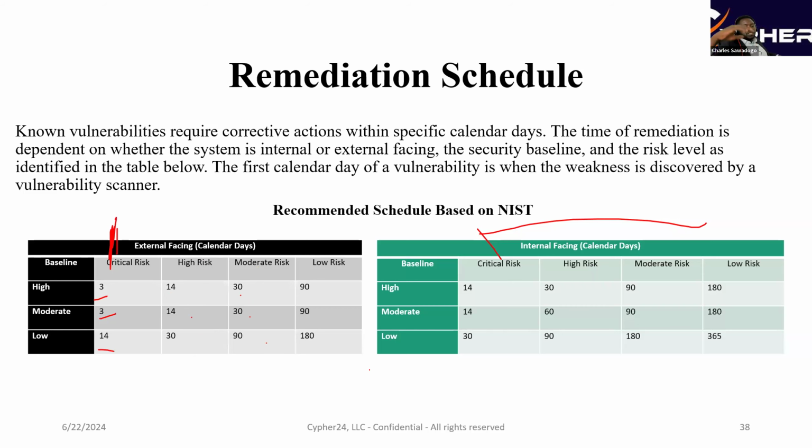So anyway, the higher the vulnerability is, the shorter NIST will recommend you to fix it. Because if this is external and it is critical, you don't have enough time. If you wait for a long time, somebody is gonna exploit it. It is called a low-hanging fruit, and we don't want that to happen to you, so fix it quickly. Anyway, just know that this is just a recommendation, but companies can always deviate from those timelines that you are seeing here so that they can make sure that they remediate quickly.